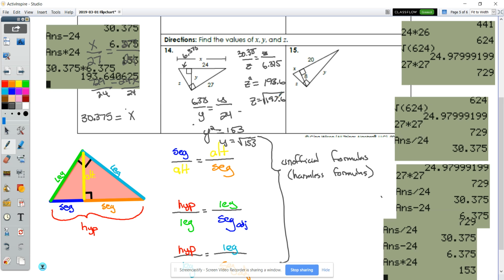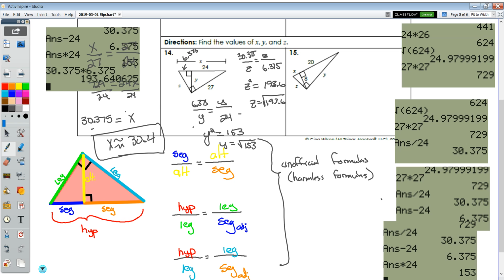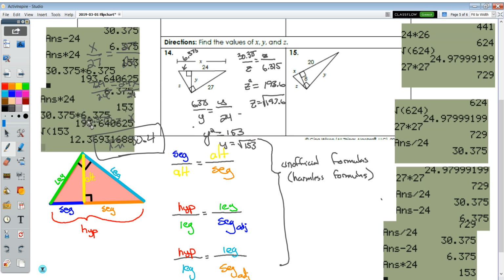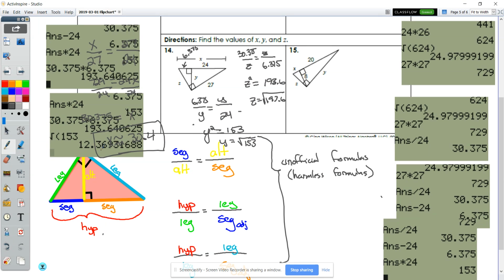Square root of 193.6. This one down here, square root of 153. So you get your x. x approximately 30.4. y, square root of 153, is 12.4 approximately. So y approximately 12.4.